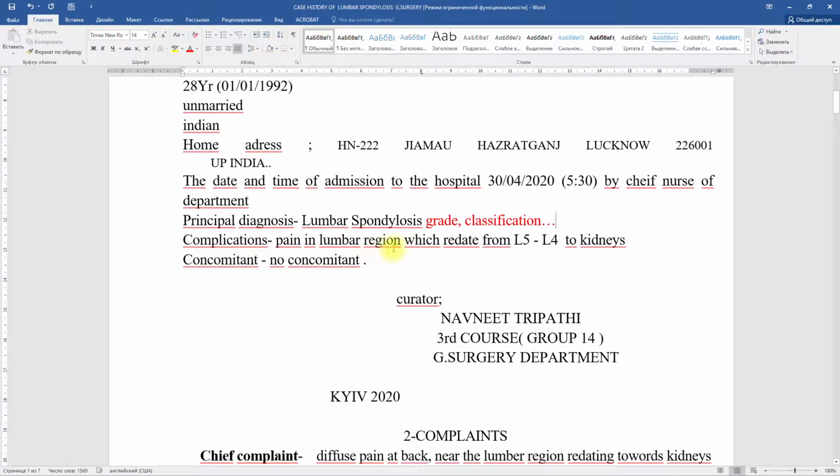Complications, pain. Pain, that's not a complication. Pain, that's a symptom. If you want to say that this disease is complicated by pain, you can write down that there is a pain syndrome.